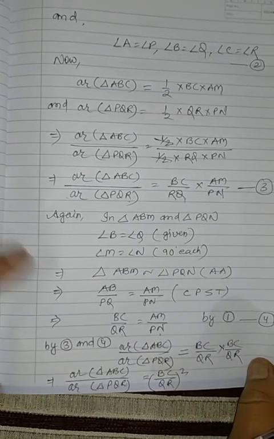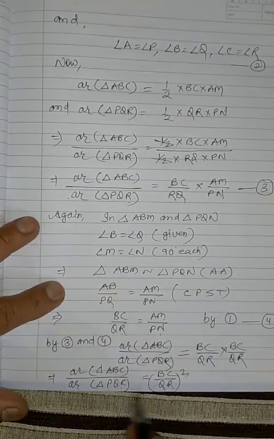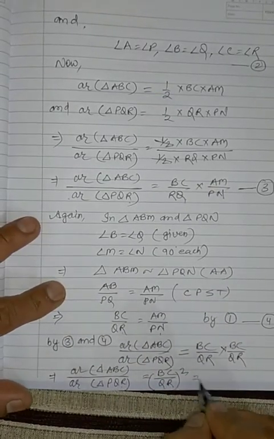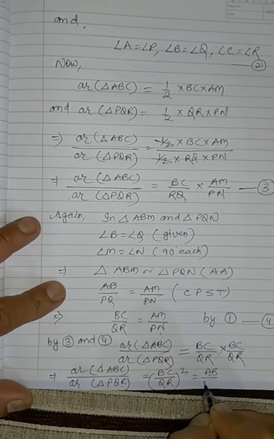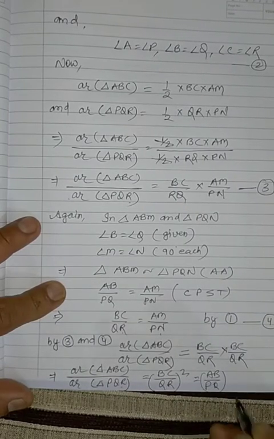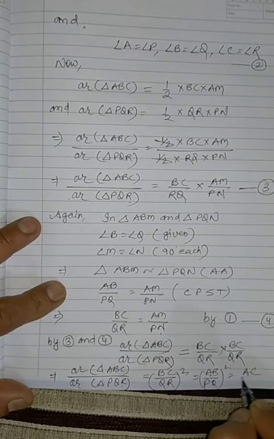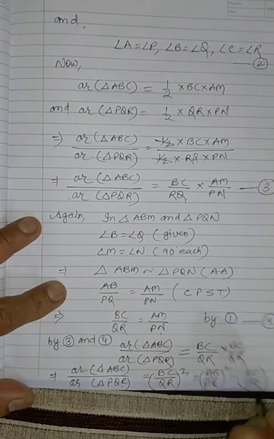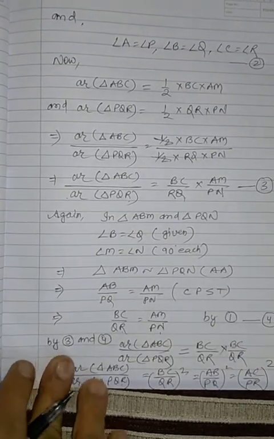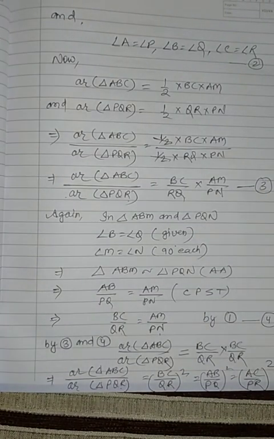So we can write area of triangle ABC upon area of triangle PQR is equal to BC upon QR square is equal to AB upon PQ square is equal to AC upon PR square. Okay, as proved.